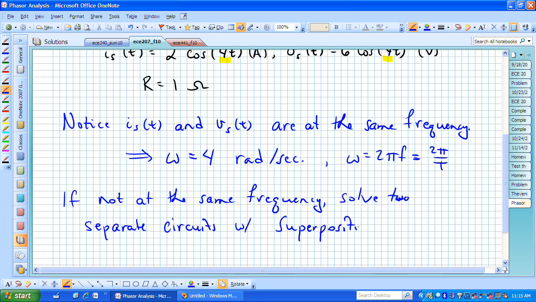Since these are linear circuits, that would allow us to solve each one separately and then add the total to obtain our response with the two frequency components in that response. Using superposition, we would then have different complex impedances, or different z sub l's and z sub c's, in each of those two circuits.